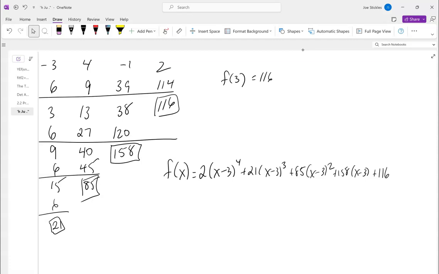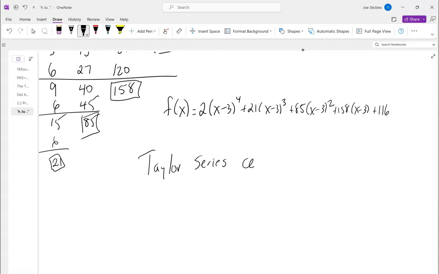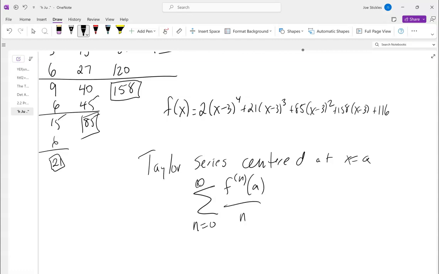Remember when we do our Taylor series at x equal to a, centered at x equal to a, the format of it looks like that. The coefficients on your x minus a to the n term are the nth derivatives divided by the n factorial piece, right?